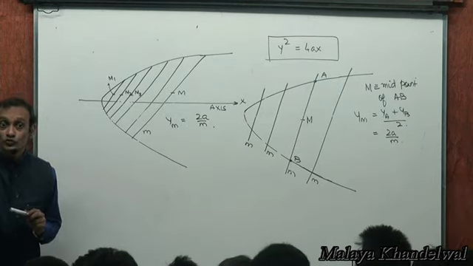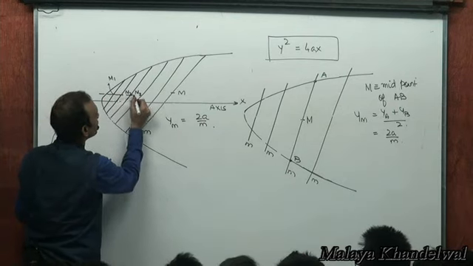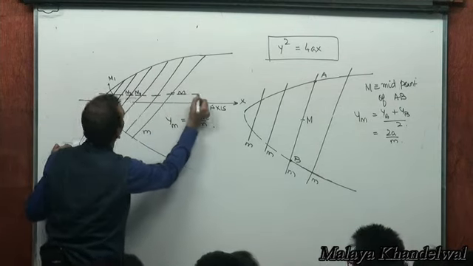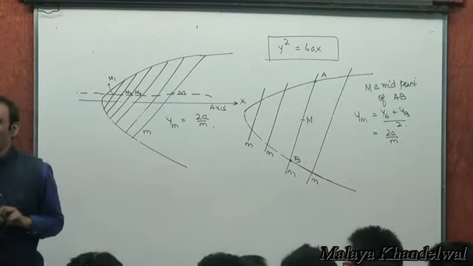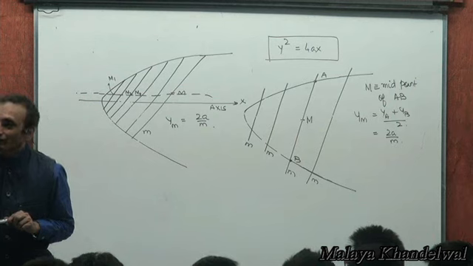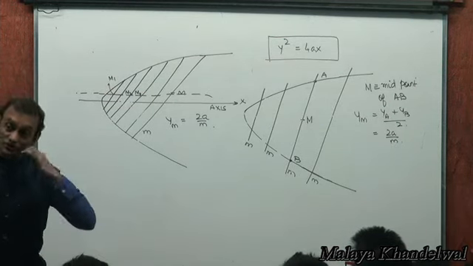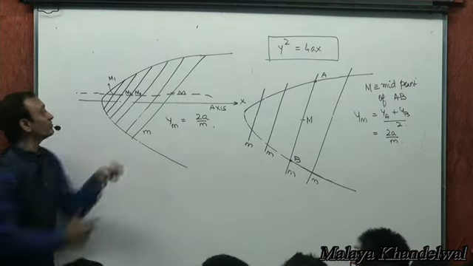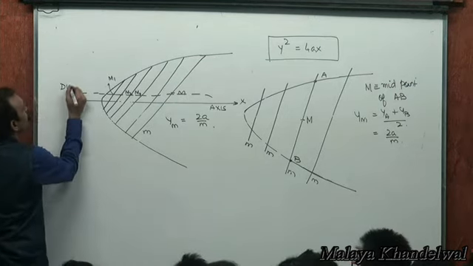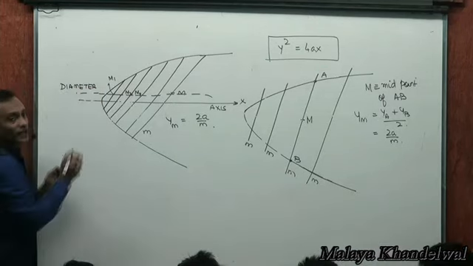Yes, which means if I join these midpoints, M1, M2, M3, Mn, this will be a diameter of the parabola referred to a system of chords of slope m. Right?